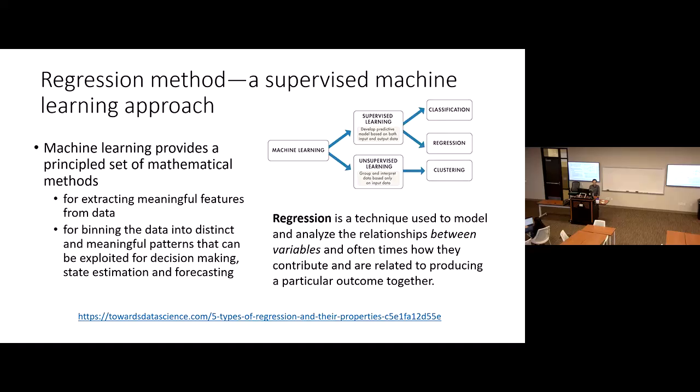But putting this into the more generalized picture of machine learning, regression is a supervised learning approach. What that means is you need to train your model. So what is the model? The model is your understanding of the trend of the change of the variables, and also preset their values by using the given training data.